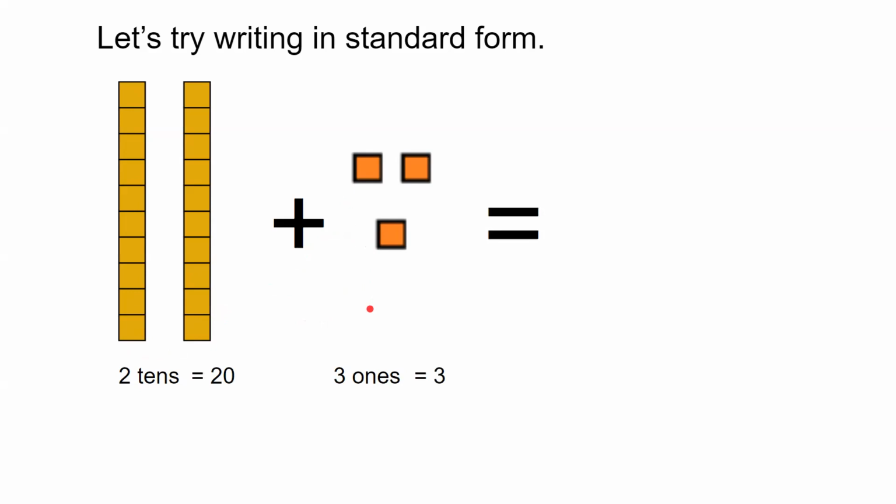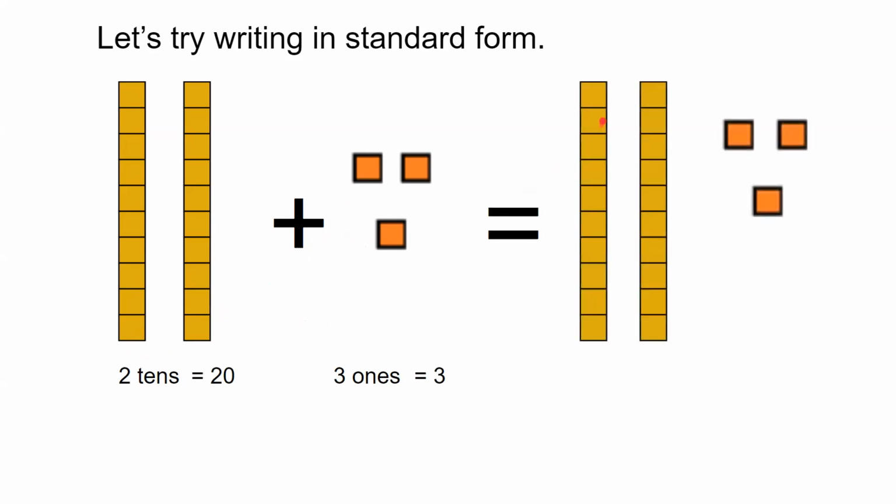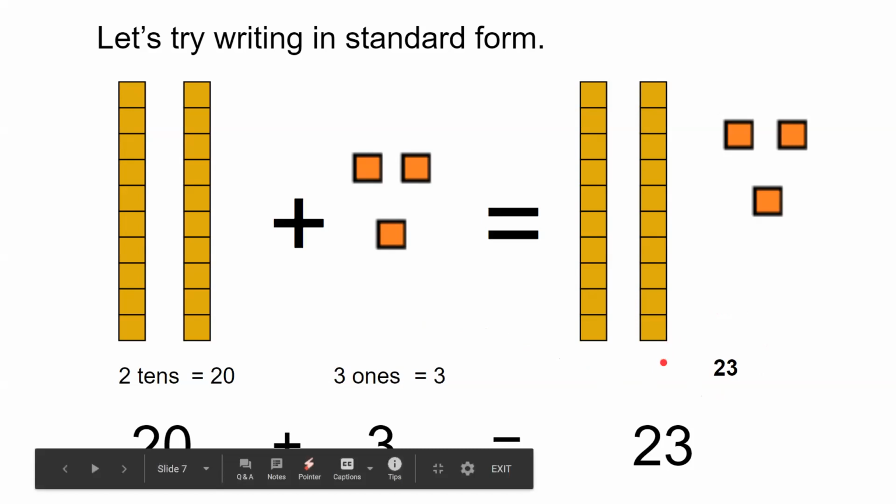So when I join these, this becomes 2 blocks of 10 and 3 small blocks of 1. So this is 10, 20, 21, 22 and 23. So the number is 23. So I can write this as 20 plus 3 is equal to 23. So this is how I can know the standard form. The standard form is 23.